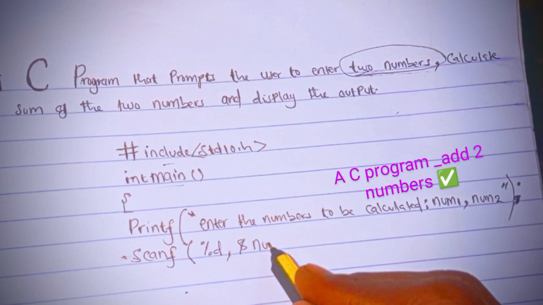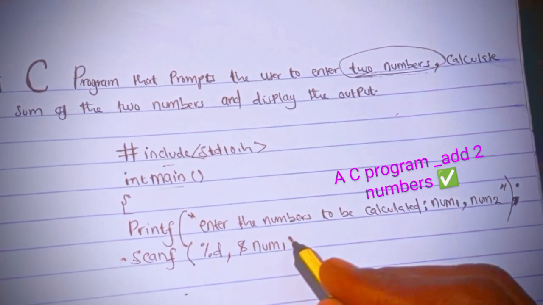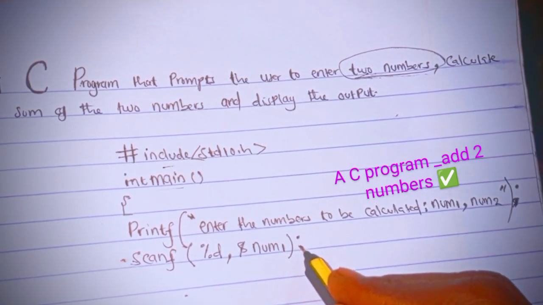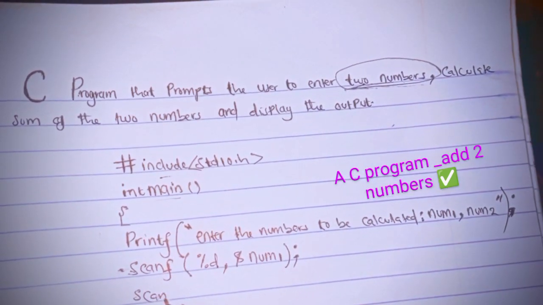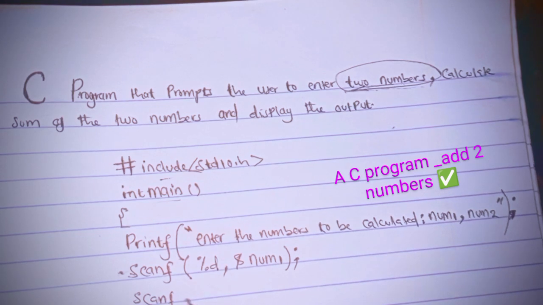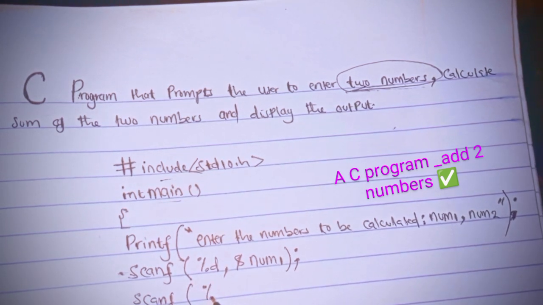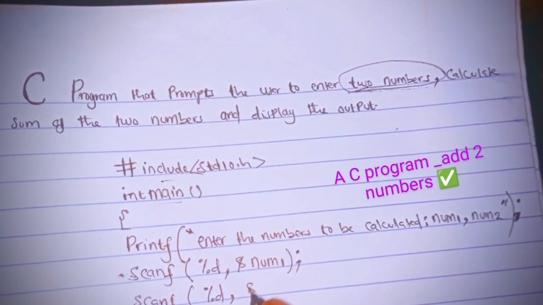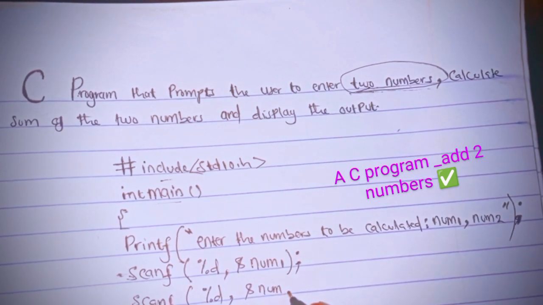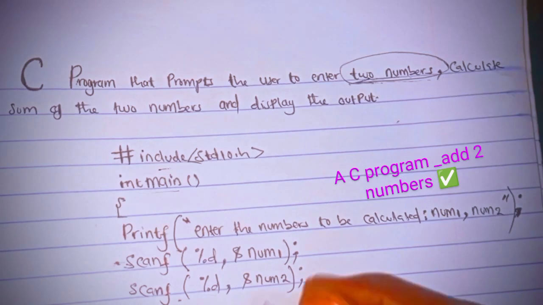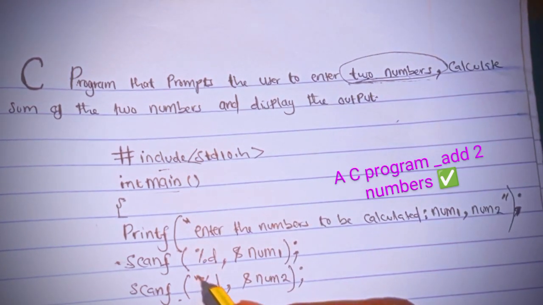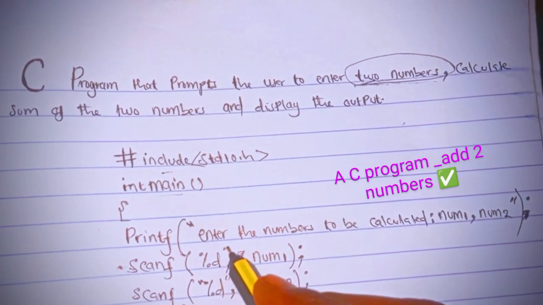That's how we write it. Close again. We said we need two numbers, so again the scan function, format specifier, num2. We should not forget this. It's very important.